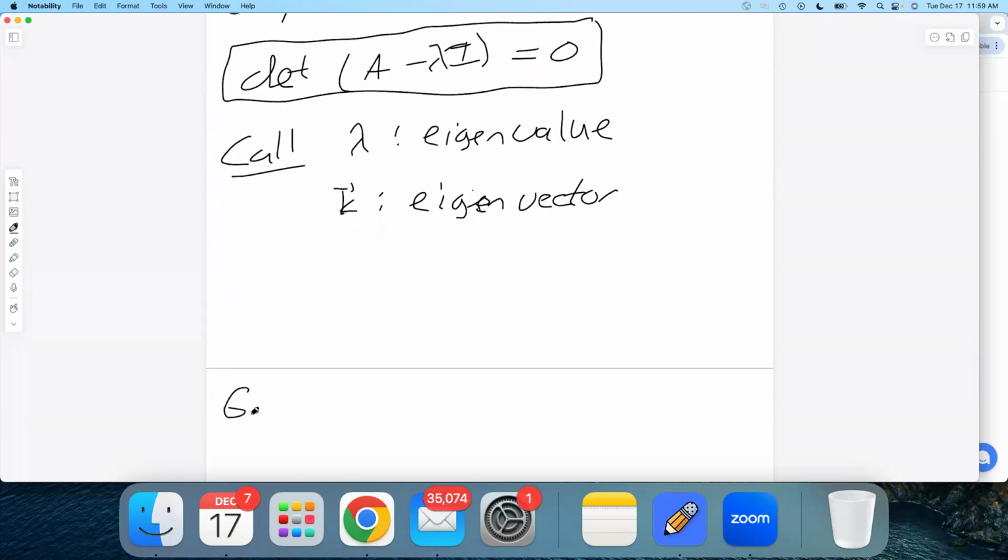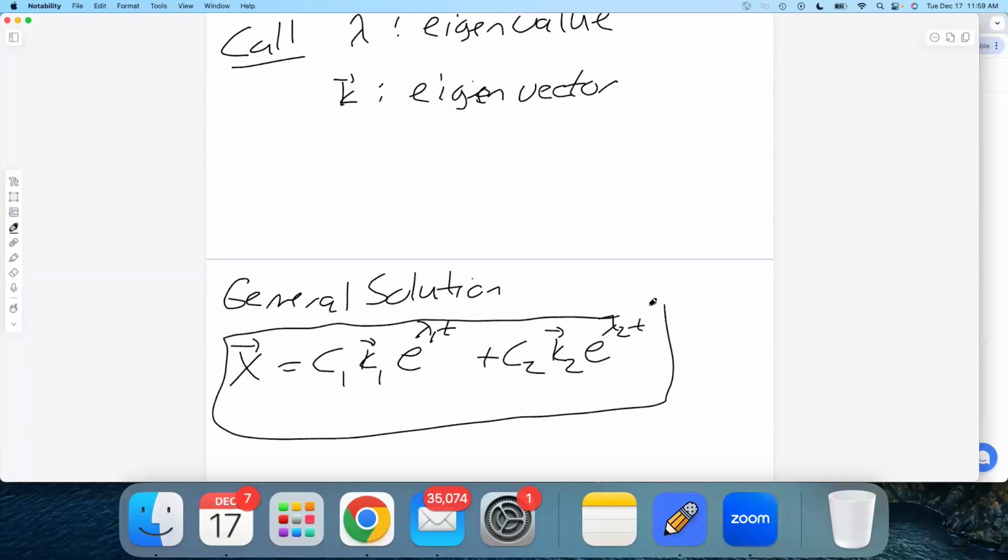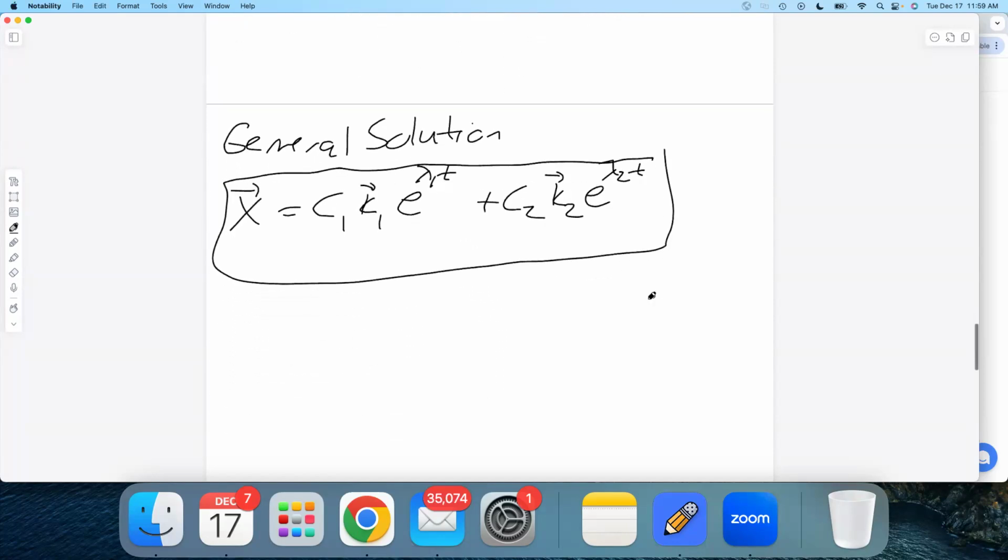And then our general solution will look like our vector x, the thing we're trying to solve for, will be some C1 times some K1, that's a vector, e to the lambda 1 t, plus C2, and so on. These are just constants. C1 and C2 are scalars. Okay, this will make a lot more sense once we do an example.